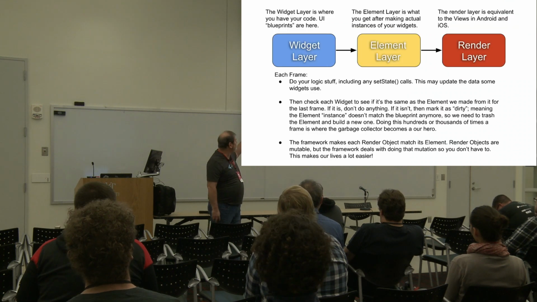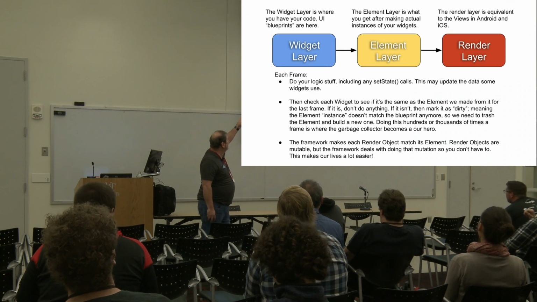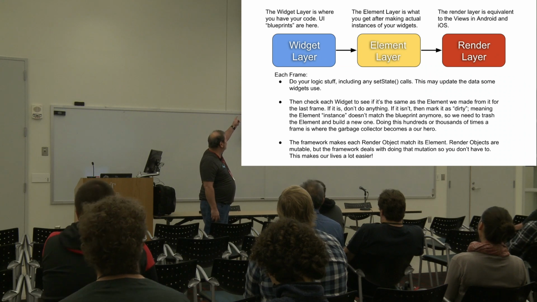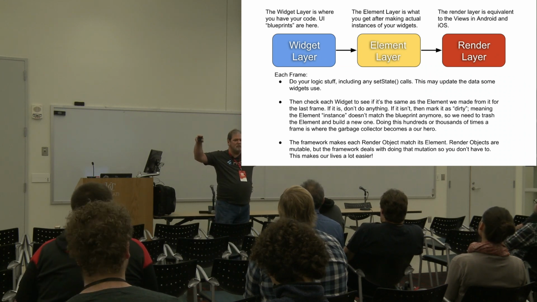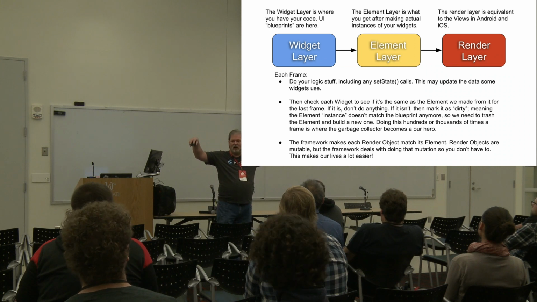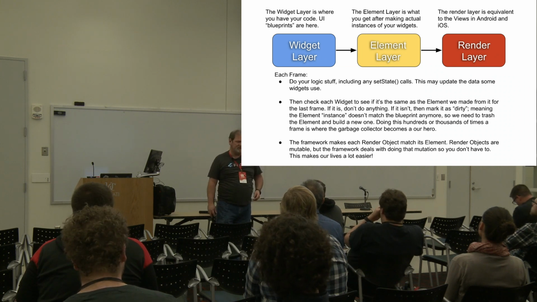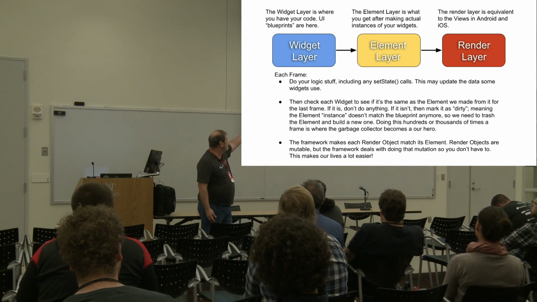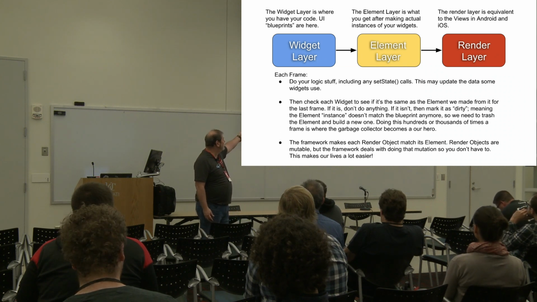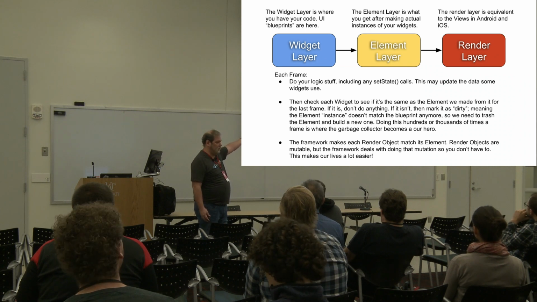Like now. The widget layer is where you have your UI code. The blueprints are here. They say it is an immutable declaration of blah, blah, blah. It's a freaking blueprint. That's a blueprint right there. This is what you get when you make one. That's your element layer.